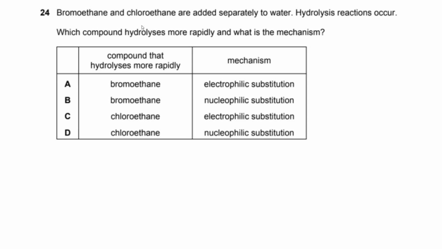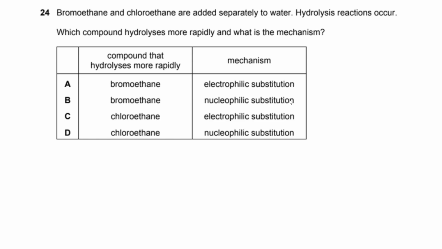Next was 24, and 24 is having us work with bromoethane and chloroethane. They're added separately to water, and hydrolysis reactions occur. Which compound hydrolyzes more rapidly, and what is the mechanism? We know that this is adding to water, which means automatically we're thinking that this is going to be nucleophilic substitution.